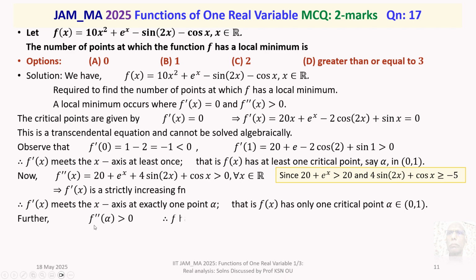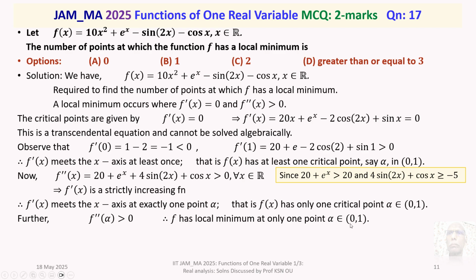So further, f double prime x is greater than 0 for all x belongs to R. Therefore, f double prime alpha is greater than 0. So alpha is a critical point and f double prime alpha is greater than 0, and alpha is the only one point. Therefore, f has a local minimum at only one point.